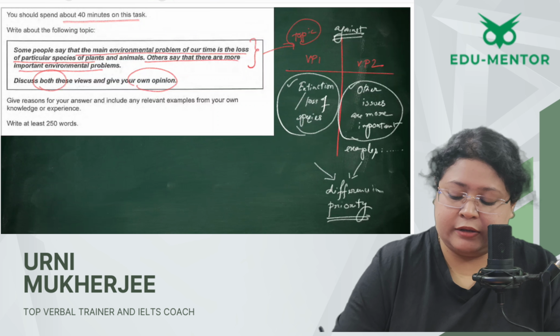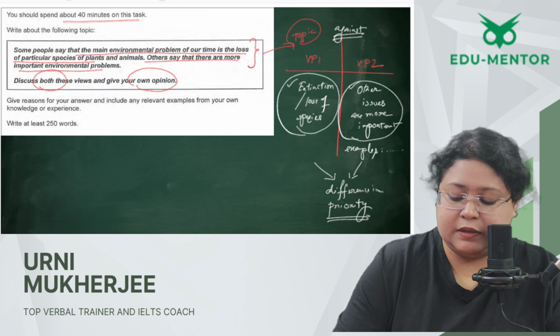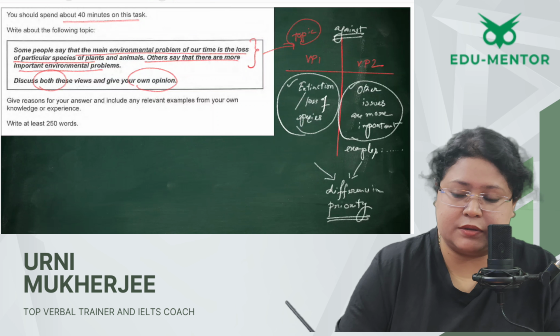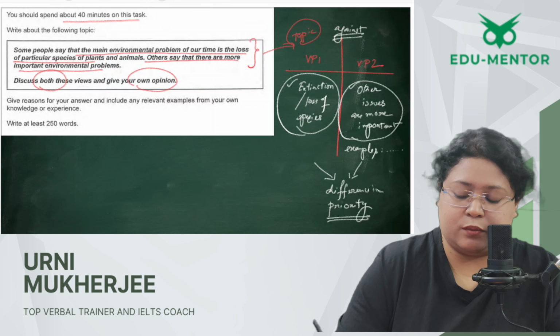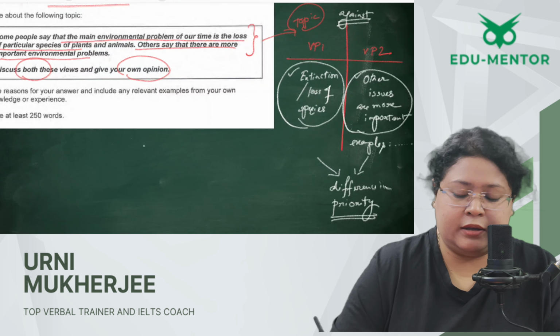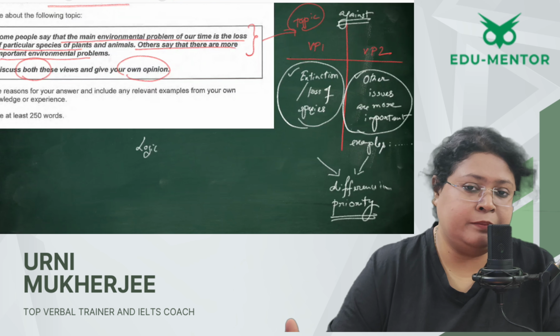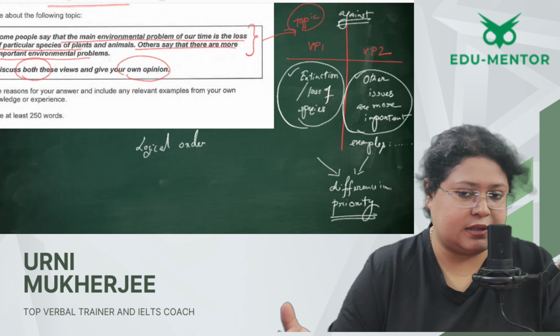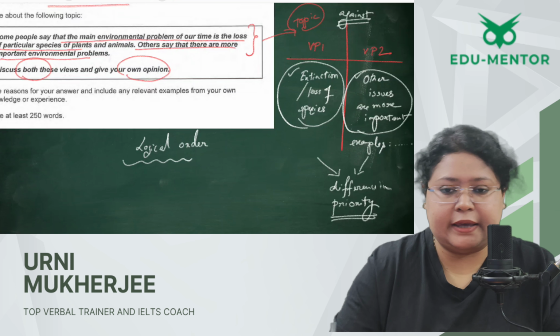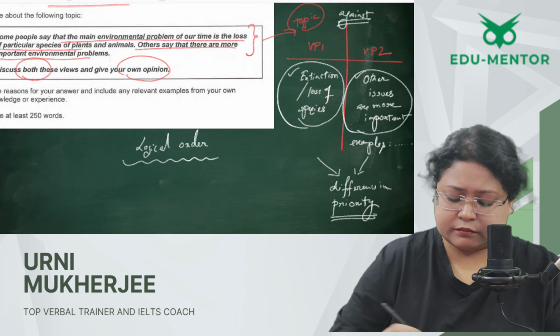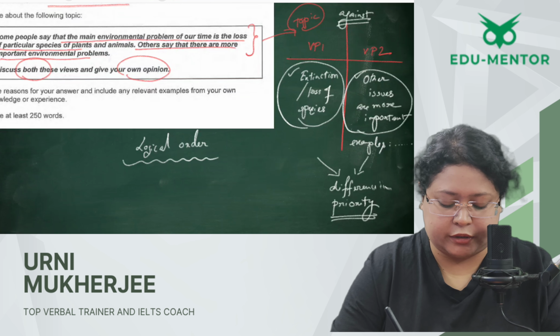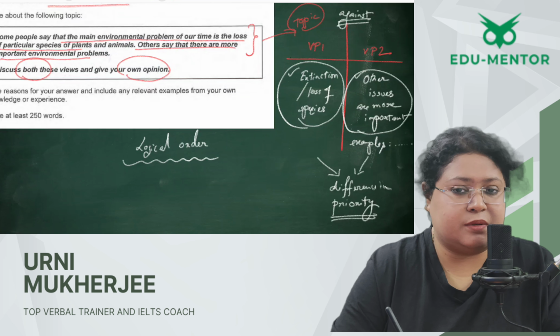So you can give a different set of priorities based on A, B, C, D concerns, whatever the concerns are, right? And you can highlight one of them if you think that the loss of species might not be the highest on the priority list for you. So again, there's a logical order, right? And we have to really focus on the way the question has been framed.